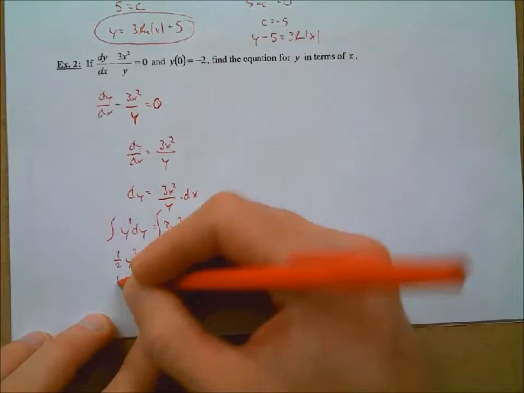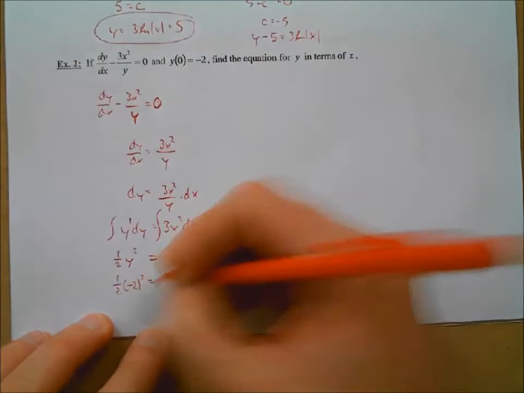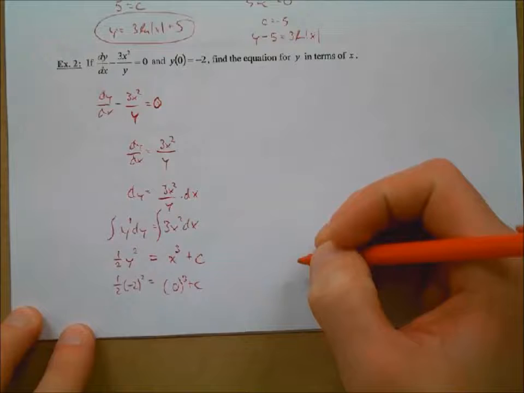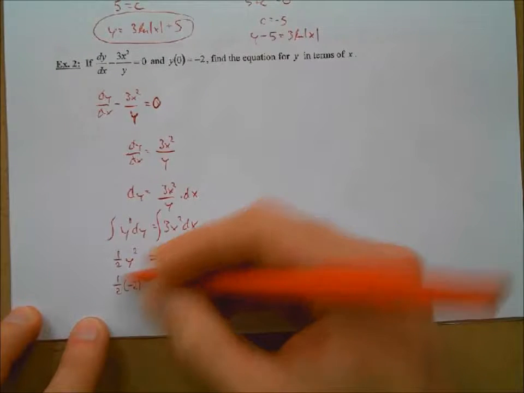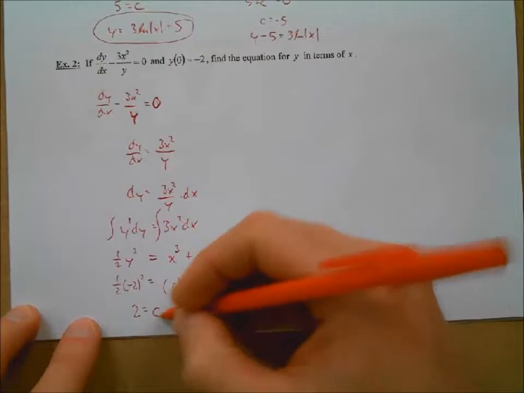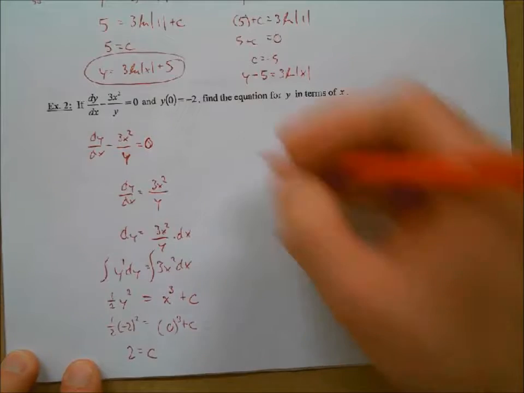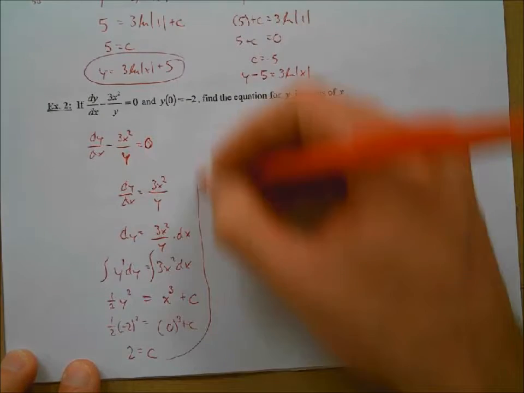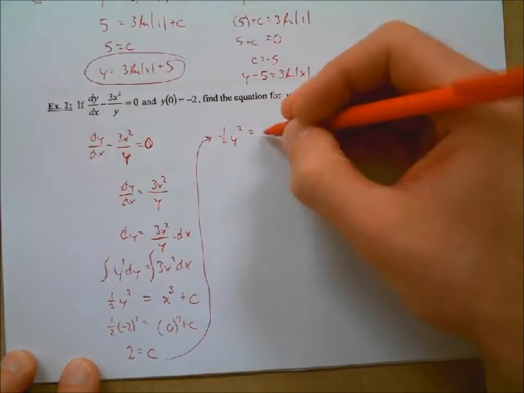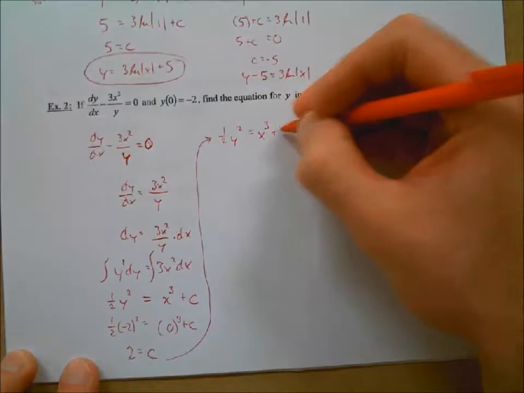So 1/2 times -2 squared equals 0 cubed plus c. -2 squared is 4, times 1/2 is going to be a 2, and then 0 cubed is 0, so c is 2. Okay, and so we end up with 1/2 y squared equals x cubed plus 2.